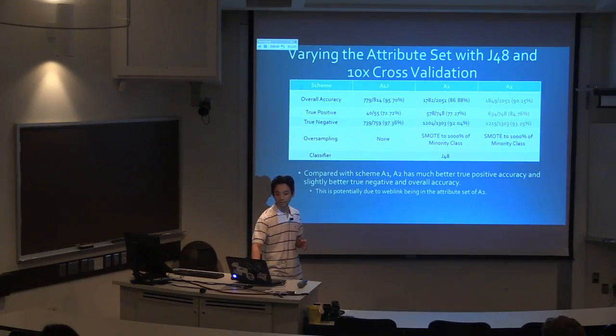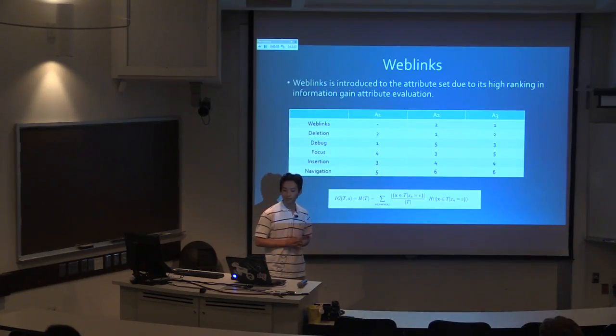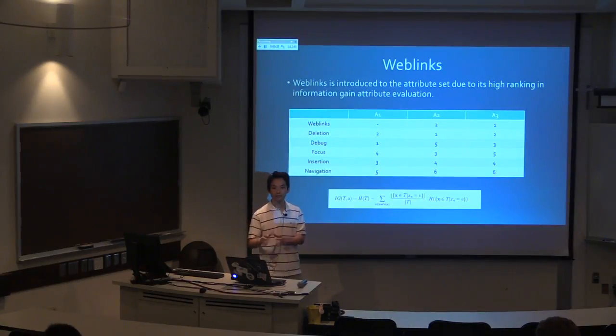So what we want to do is test whether WebLink is actually a great attribute, and it did end up being a really good attribute. We use information gain evaluation, and it ranks WebLink consistently as the top attribute. What information gain does is that, starting with a set of data, it measures how well each attribute can separate the data into pure classes.